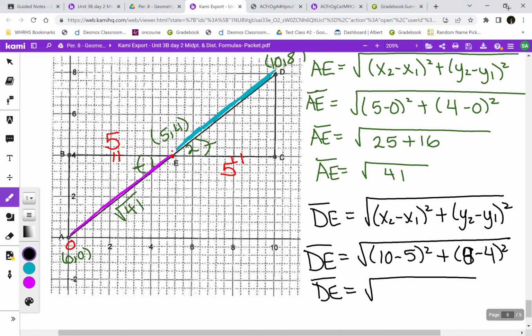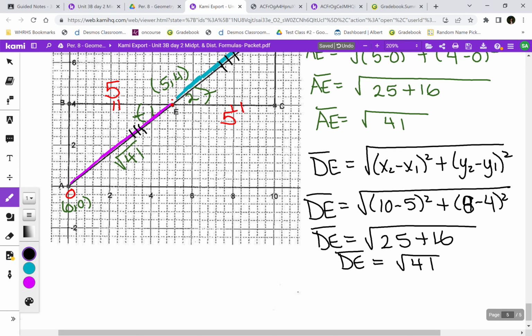So that's going to be 25 plus 16. So once again, it is the square root of 41. Did we show these two triangles congruent by side, angle, side? Absolutely. All right, we are done for today.